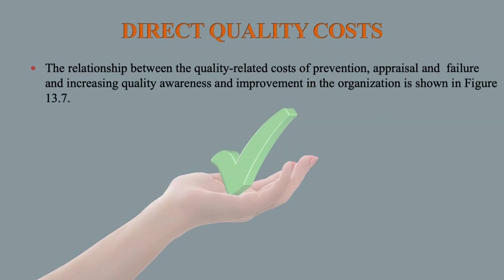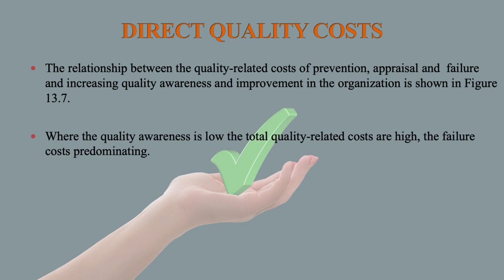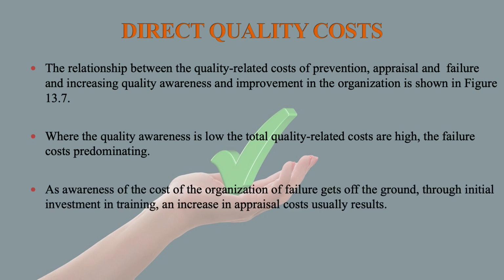So the relationship between the quality related costs of prevention, appraisal and failure and increasing quality awareness and improvement in the organization is shown in figure 13.7. Where the quality awareness is low, the total quality related costs are high, with the failure costs predominating. The awareness of the cost of failure in the organization gets off the ground through initial investment in training.